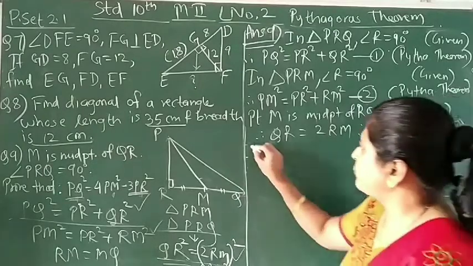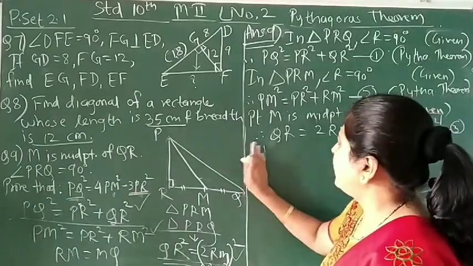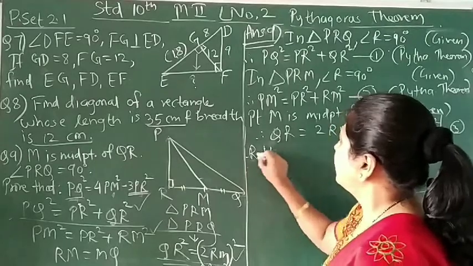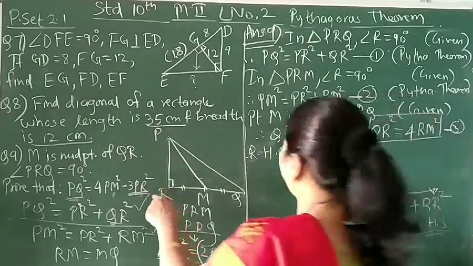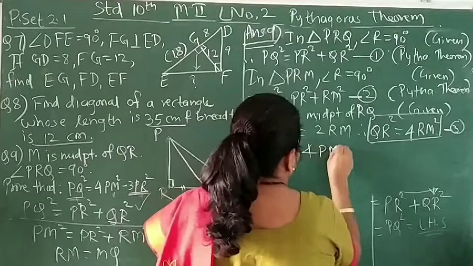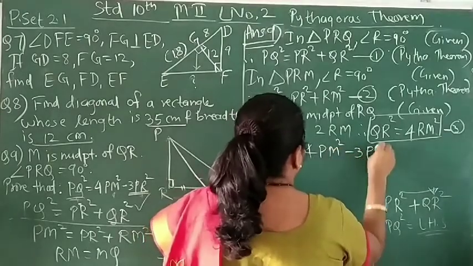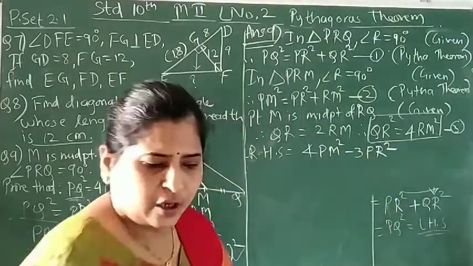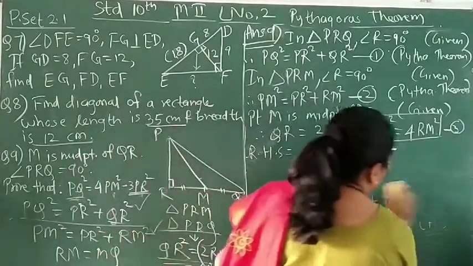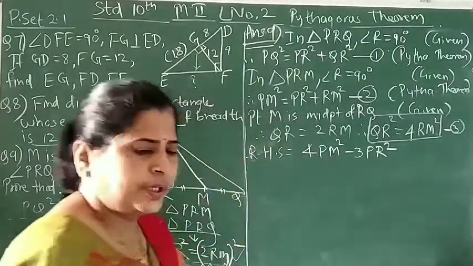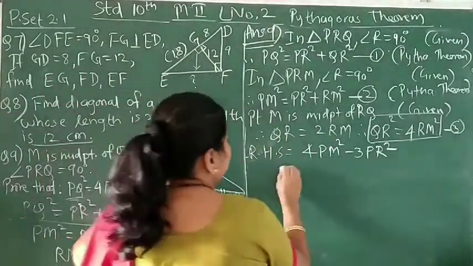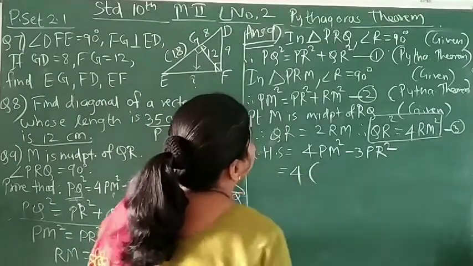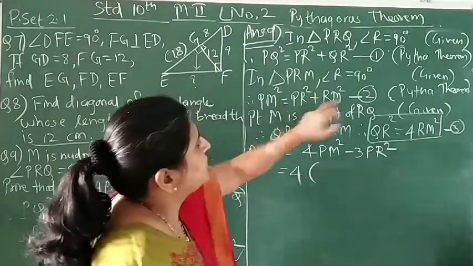So now let's write the right hand side. RHS is equal to 4 PM square minus 3 PR square. Just now we have already seen which way we are going to get it. So we have to write the same thing. So 4 times PM square. PM square we are going to get from statement number 2.